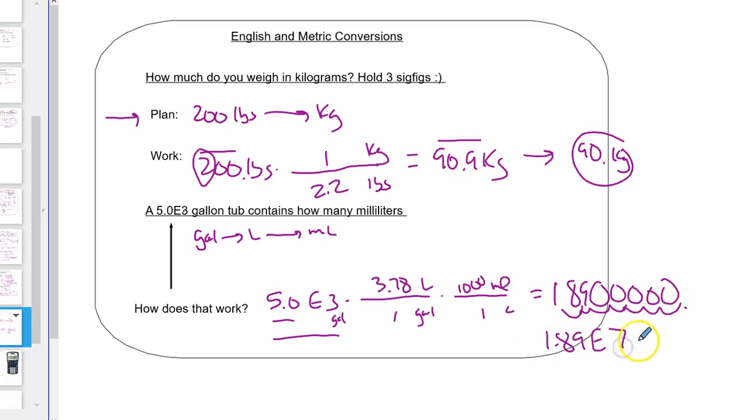I want 2 sig figs here, so I need to get one less here, e to the 7th. That's going to round up to 1.9 e to the 7th, and that would be in units of milliliters.